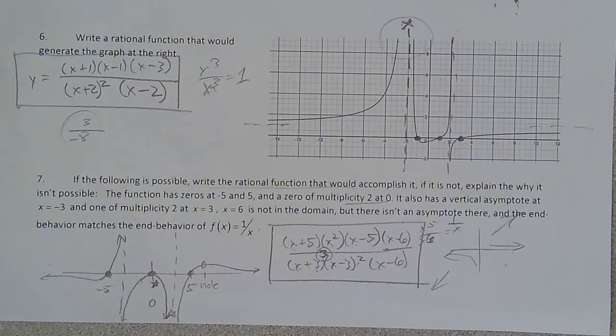Oop, not x to the x. Oop, not that either. X squared. And we said we also had an x minus 5 up there and an x minus 6. And with this x plus 3 cubed, I get an x minus 3 squared. And an x minus 6.